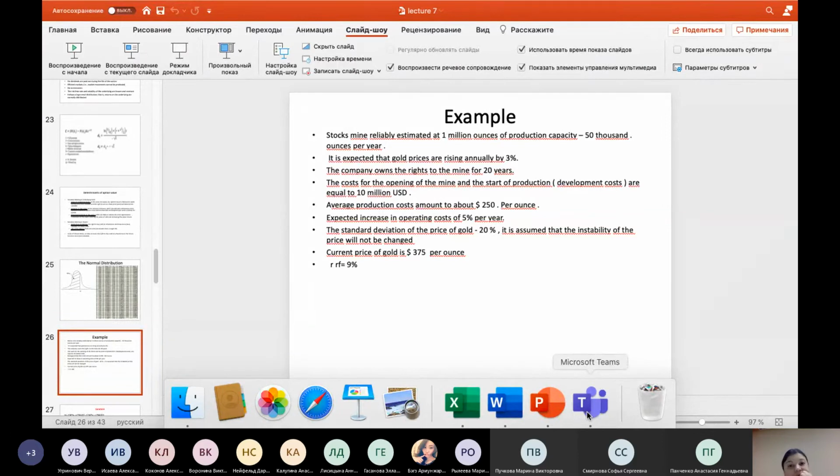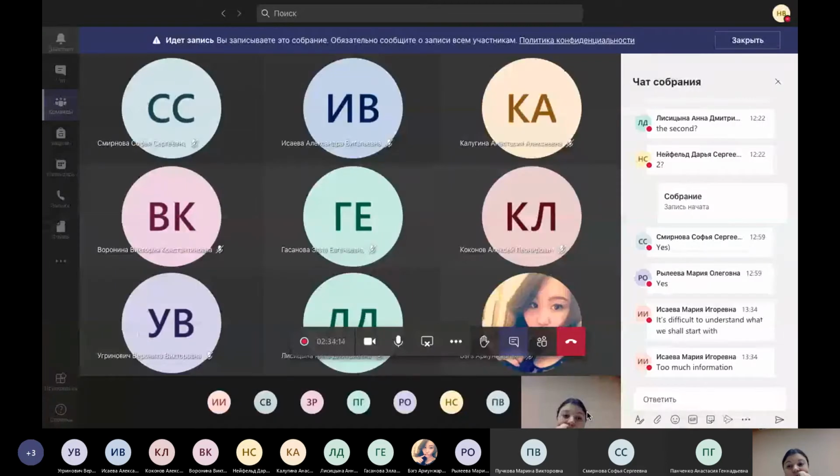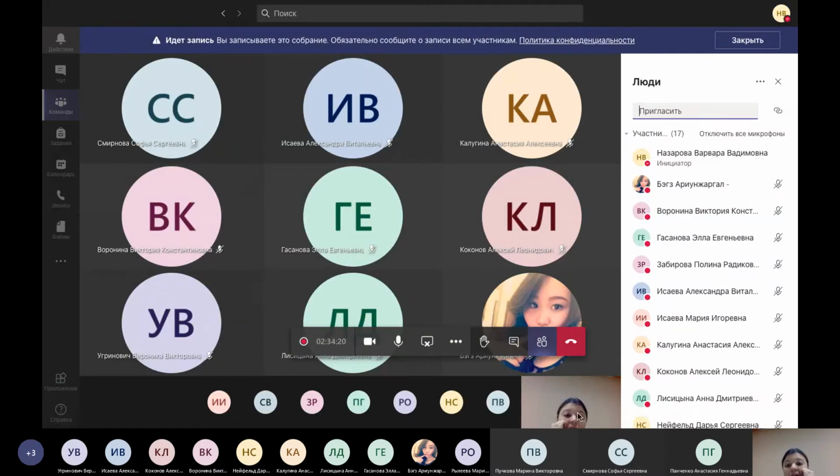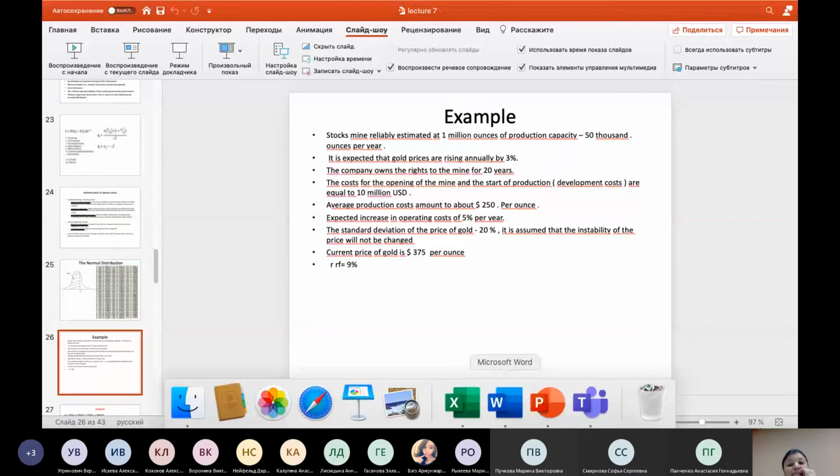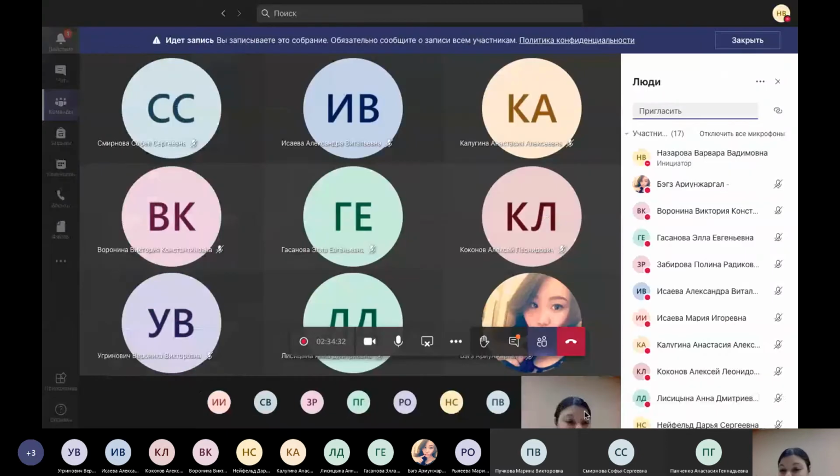How do you think? Dear colleagues, how do you think? Where is the real option in this task? Or we have to find a classical net present value.